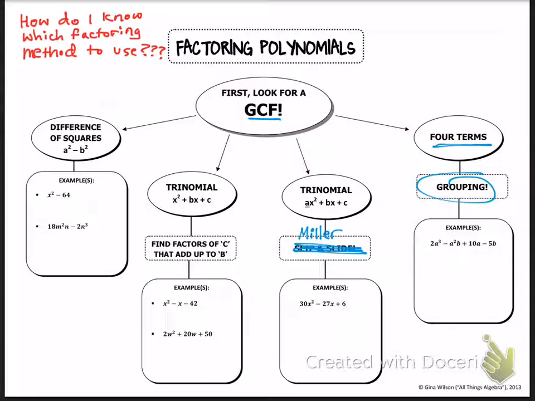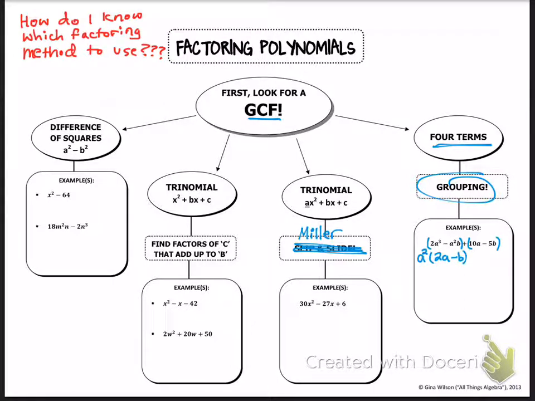Let's look at this example. Do I have a GCF? No. I'm going to move on. I'm going to group these two and group those two. I'm going to find the small GCF first. Turns out a squared is the small GCF. I have 2a minus b left over.